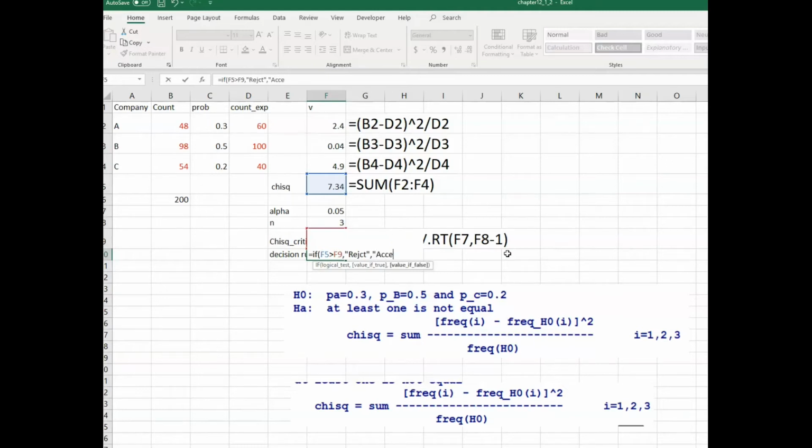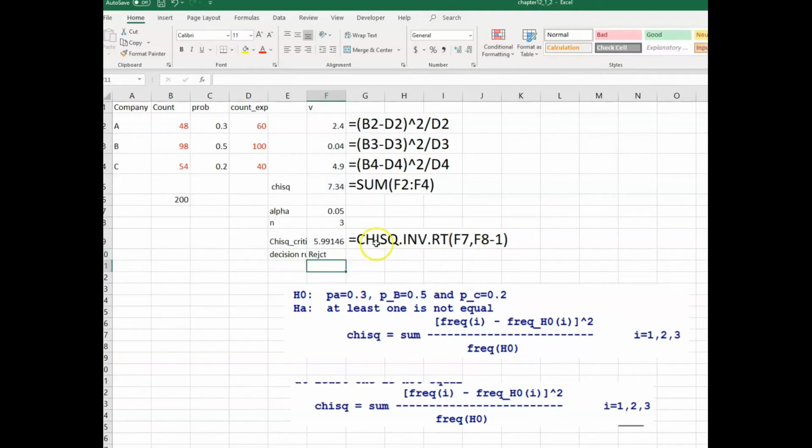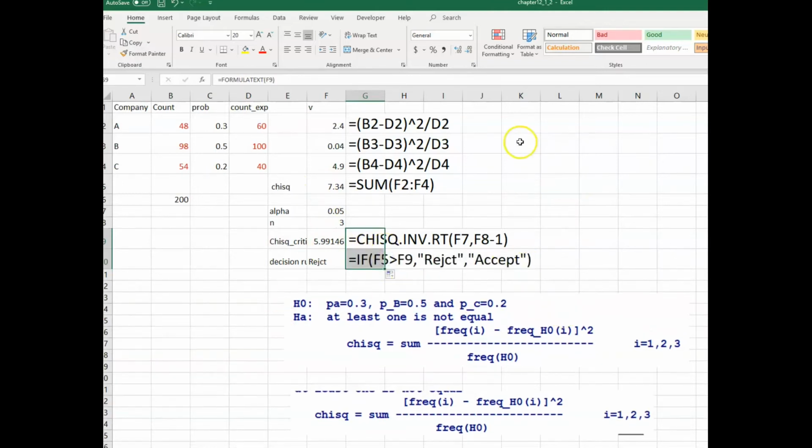Otherwise, we accept. Okay. Obviously, we reject, because 7.34 is higher than 5.99.